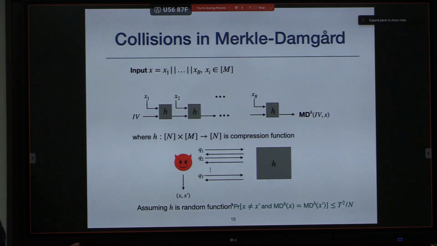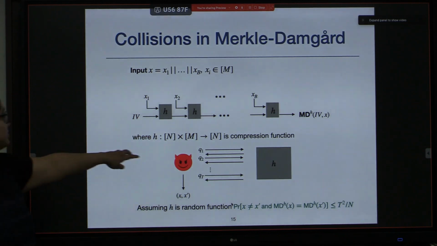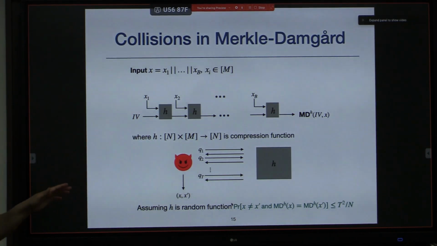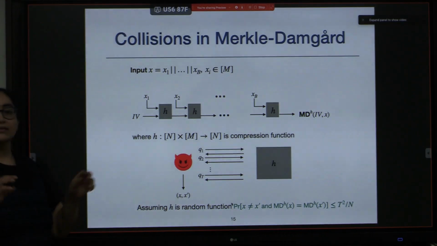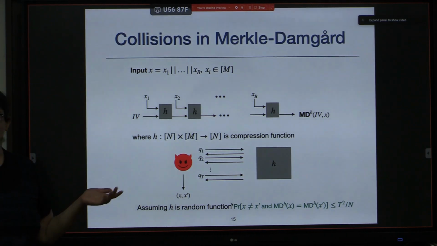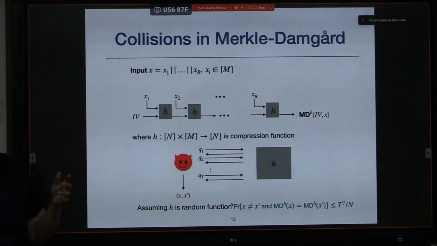Ignoring that, yes. What is a random function? In a random function, for every input, the output is uniformly taken from this range. So the probability that the output is any i is 1 over n. It's uniformly distributed.